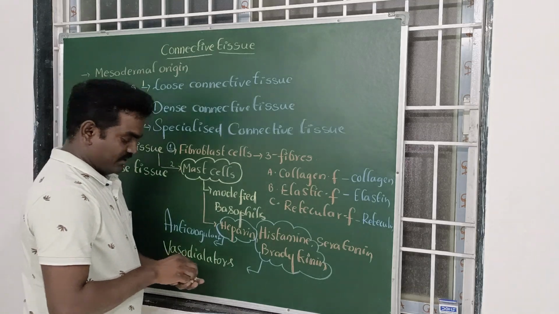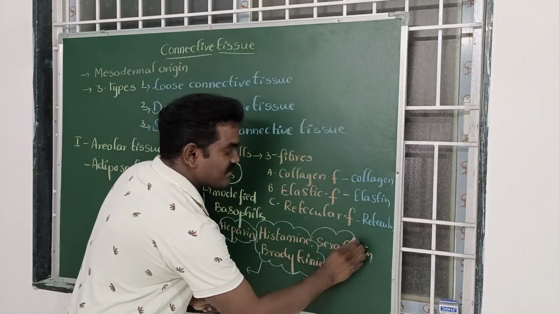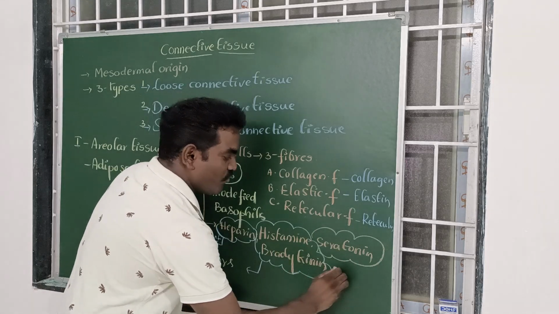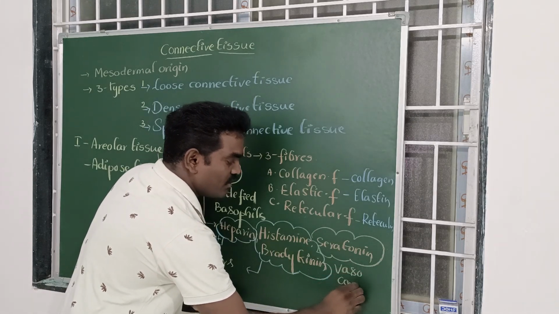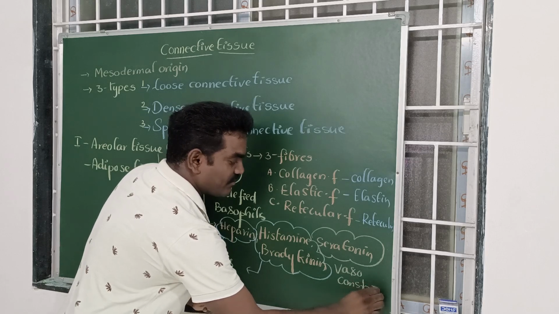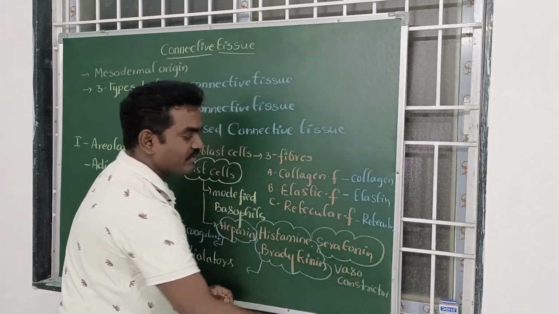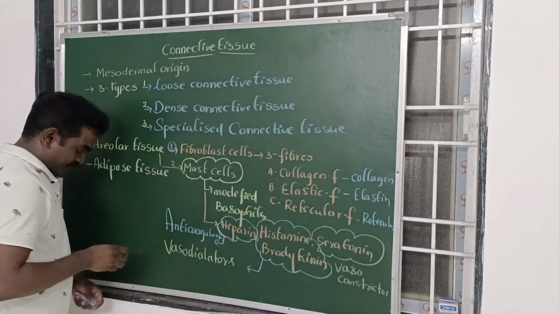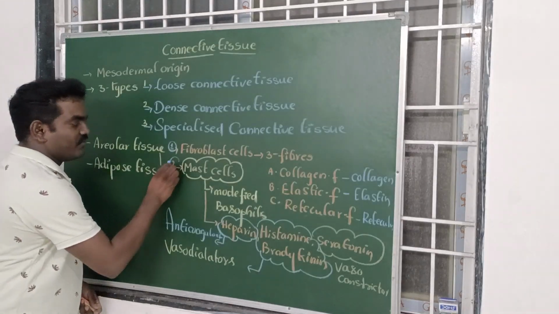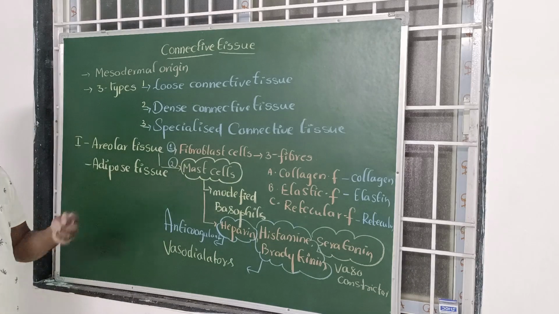And serotonin is considered a vasoconstrictor. Got it? So this is the second type of cell we completed in areolar tissue.